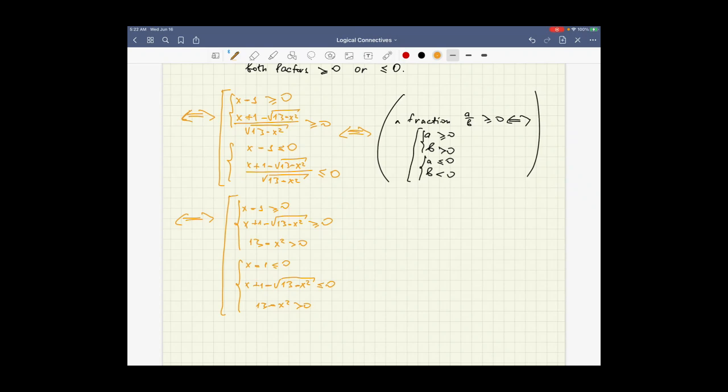Okay, so what do we do with this? So let me maybe do some simple algebra first. So this x minus 1 greater or equal than 0 implies x is greater or equal than 1. This now implies that x is in between root 13 and negative root 13.